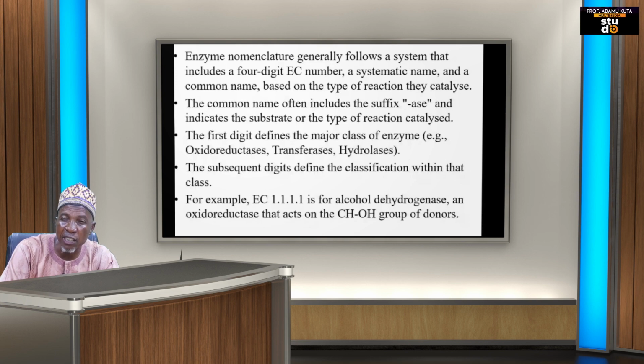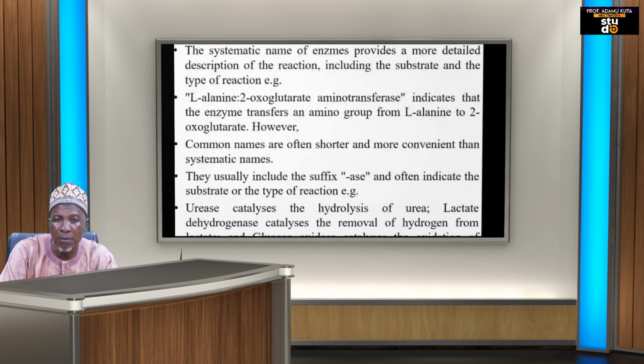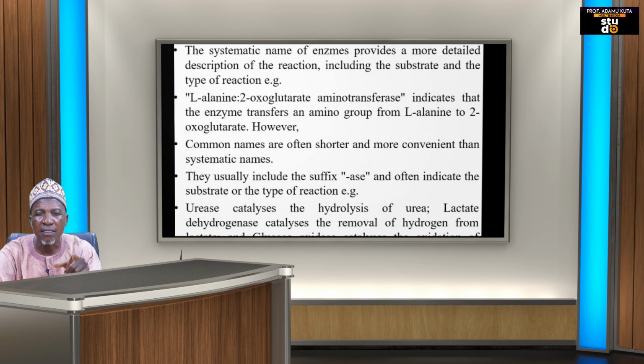And then we have other systems of nomenclature. We have systematic names, apart from the EC, like when you see L-alanine 2-oxoglutarate aminotransferase. What it indicates is that this enzyme transfers an amino group, from L-alanine to ketoglutarate at position 2.